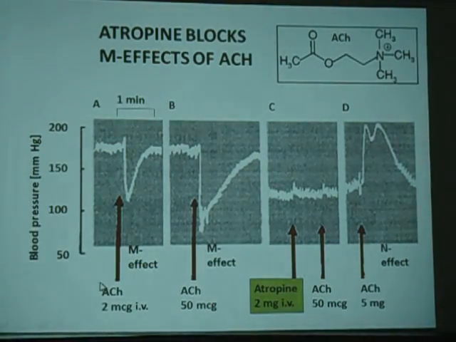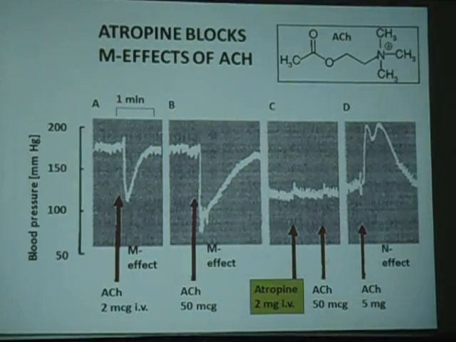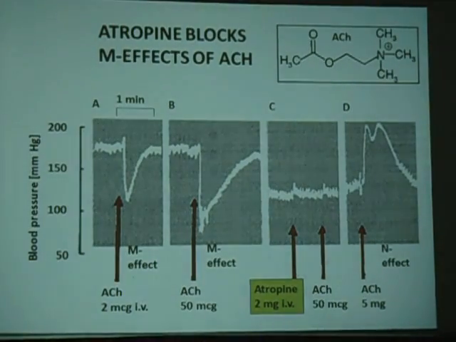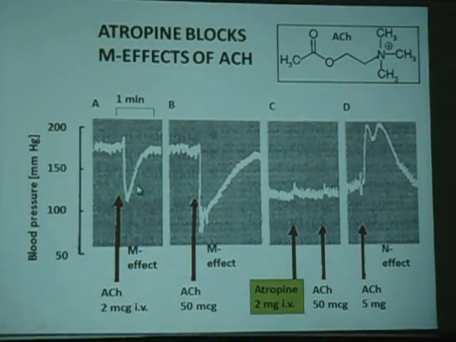So acetylcholine, what does it do? It can decrease the heart rate. Vagal action, acetylcholine is released. What does it do? It can decrease the heart rate. Normally this is happening. So here you are giving 2 micrograms of acetylcholine. What is happening? There is a sudden fall in blood pressure. Okay, once acetylcholine is metabolized, again there is recovery of the blood pressure.